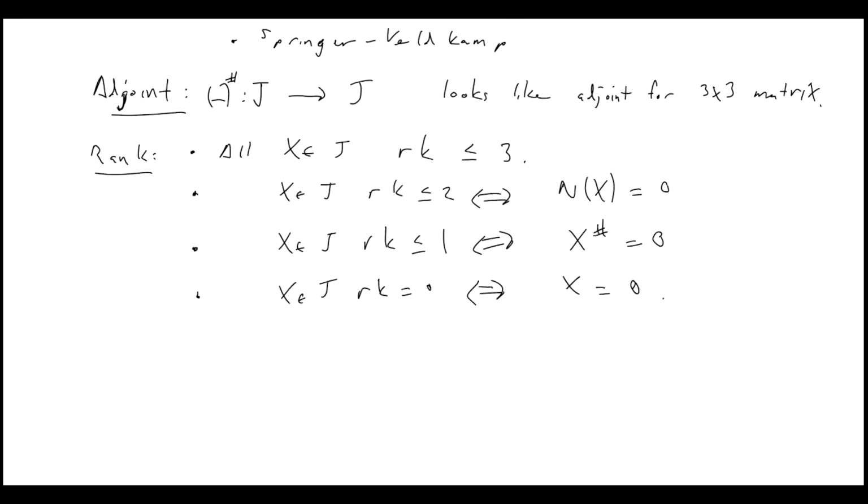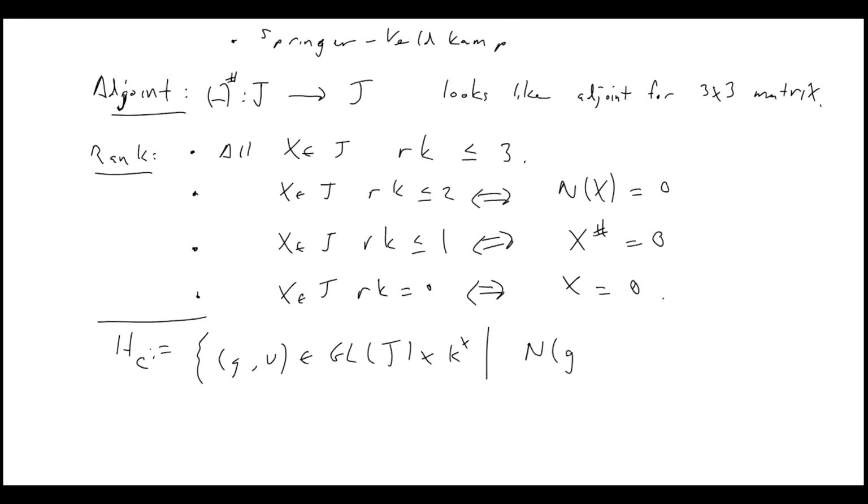Okay, so you can take this as the definition. Now we have some natural groups which are acting on the Jordan algebra J. So let's define H_C. This will be pairs of elements (g, nu) in GL(J) cross K cross, and these will be those elements that scale the norm. So the norm of gx is nu times the norm of x for all x in J. It's sort of the similitude group.